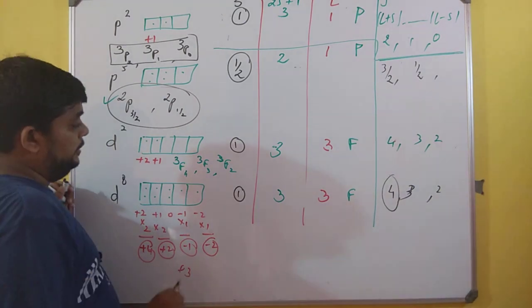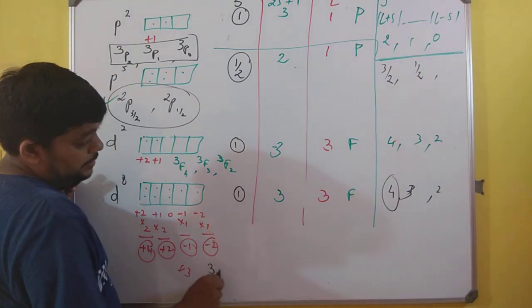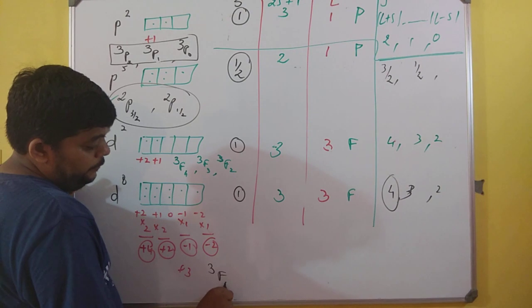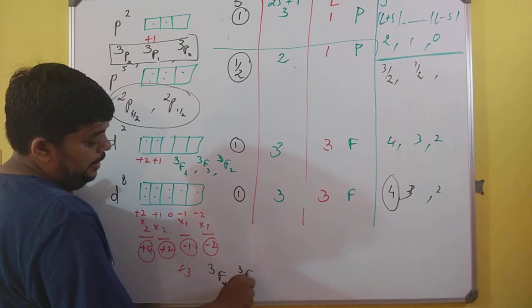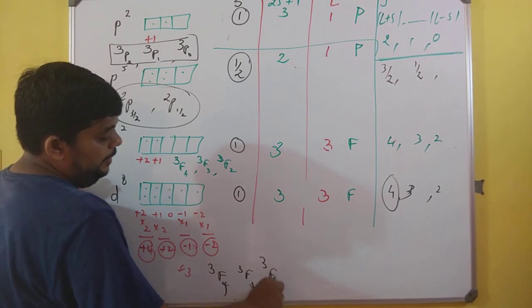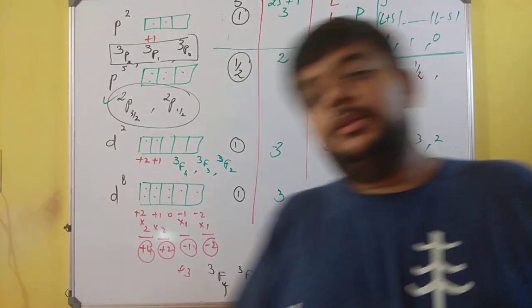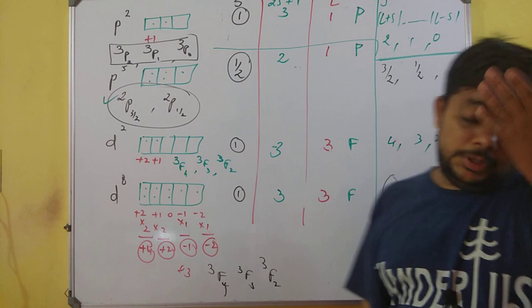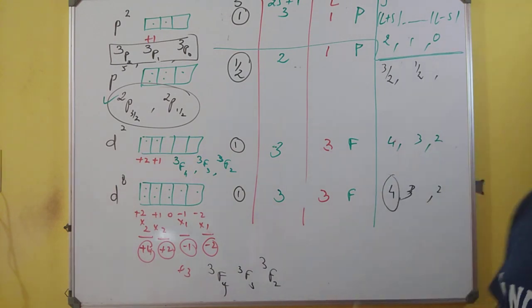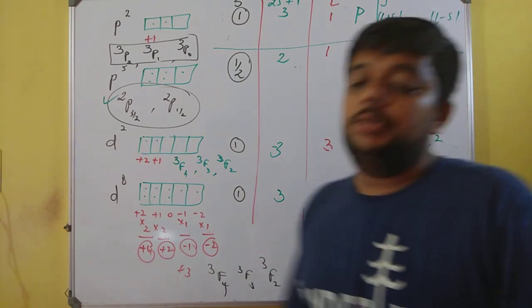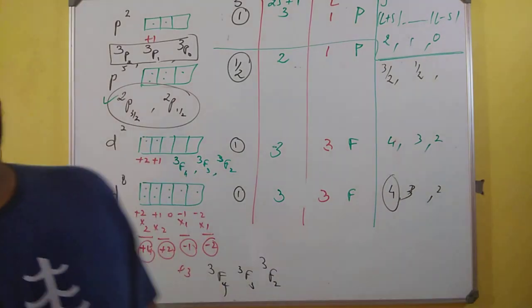But as we are writing in general, we will always mention 3F4, 3F3 and 3F2. So this is how you mention the term symbols corresponding to the electrons that have been asked to you in your exam. Let us go a step ahead.